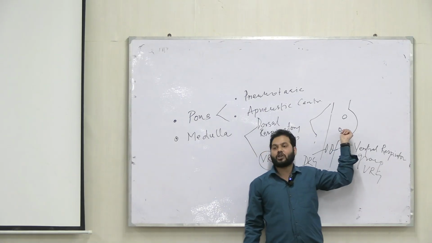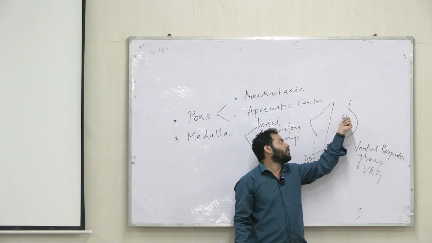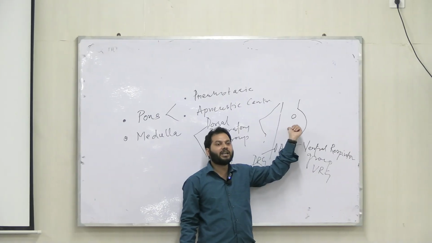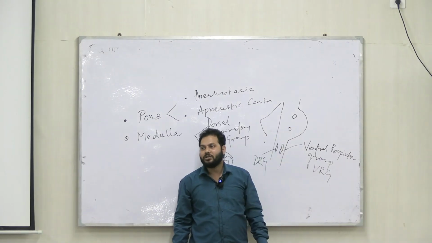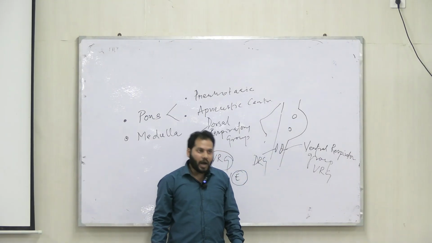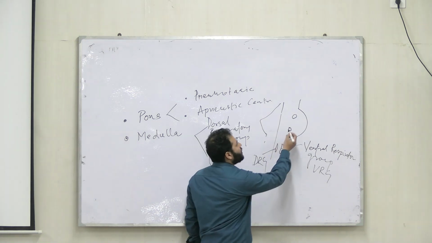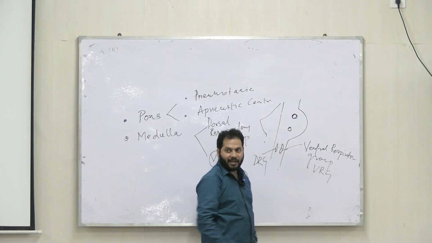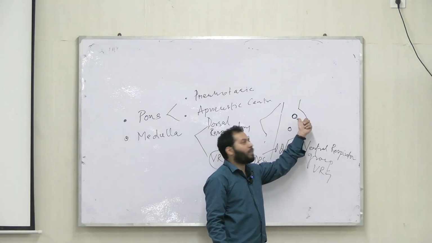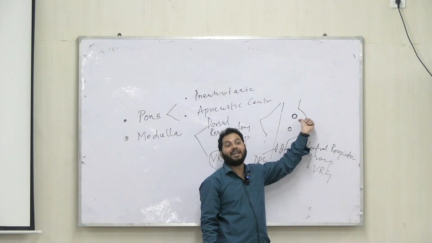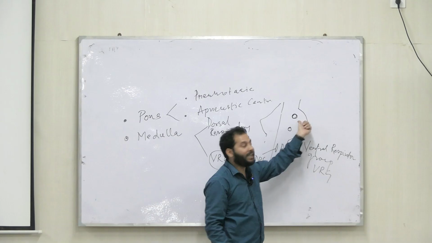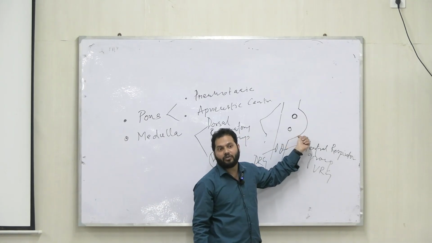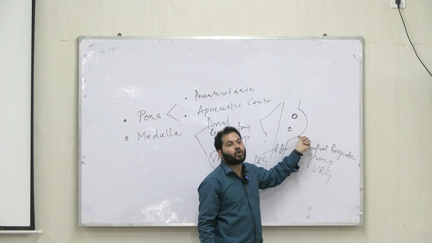If you see the functional features of both the pneumotaxic and apneustic centers, they are just opposite. So how? See, the pneumotaxic center, which is the upper part of the pons, mainly inhibits the activity of the lower part of the pons, so-called the activity of the apneustic center.